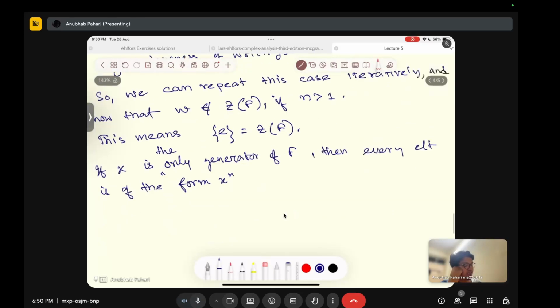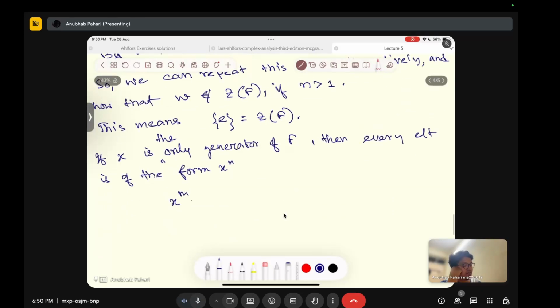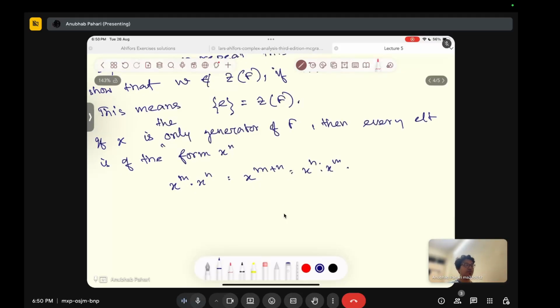So this implies that x^m dot x^n should be x^(m+n), and this would imply that x^m dot x^n commute. So the group would be abelian, a free abelian group. So this completes our proof, but this is a remark.